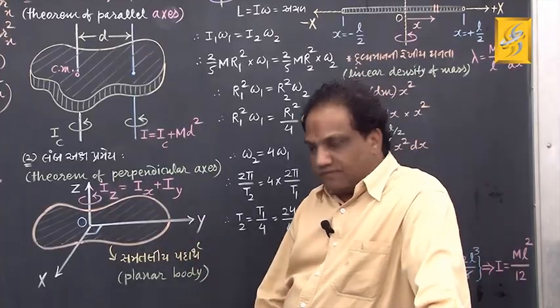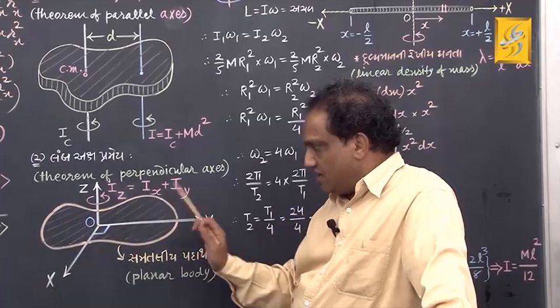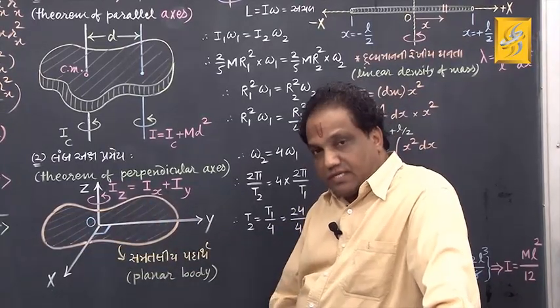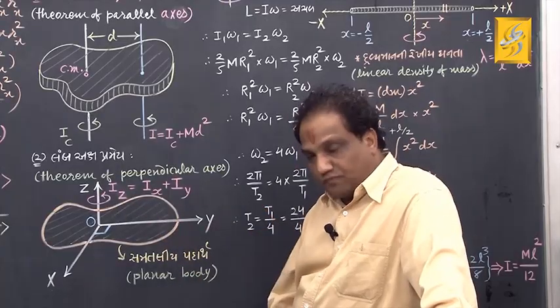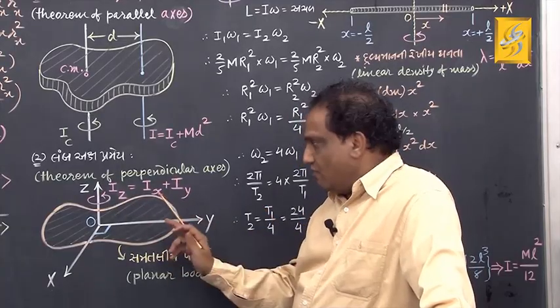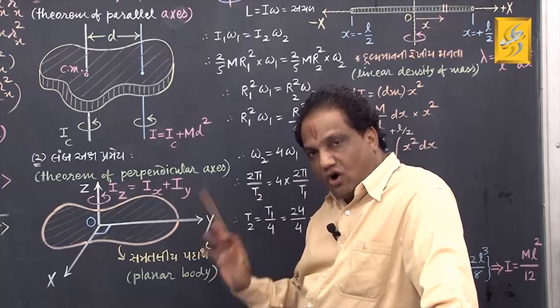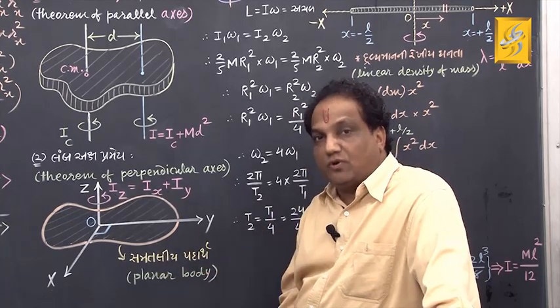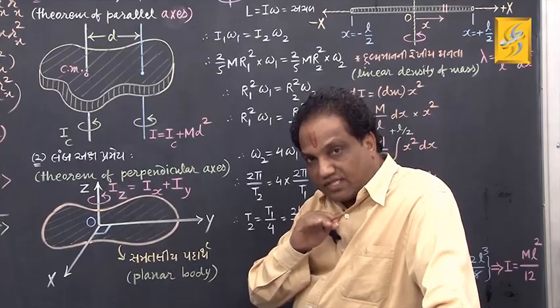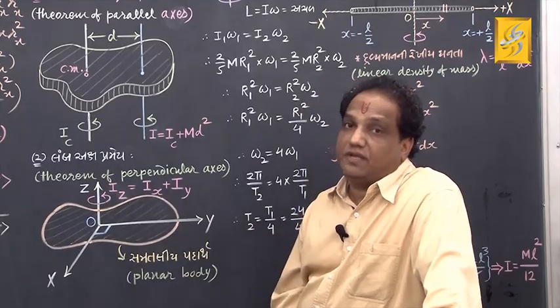Moment of inertia of a given planar body about an axis perpendicular to its plane is just equal to the summation of moments of inertia of that body about two mutually perpendicular axes lying in the same plane of the body.